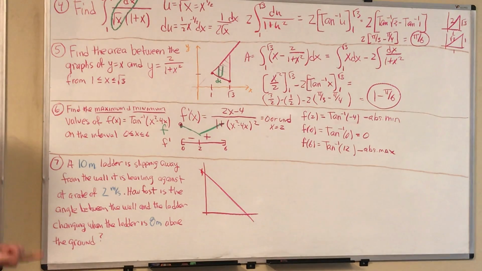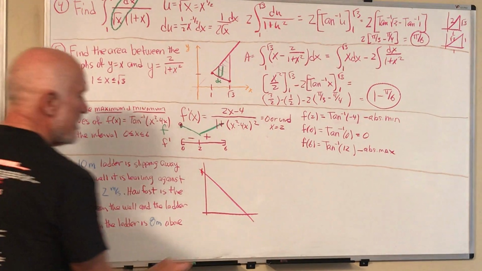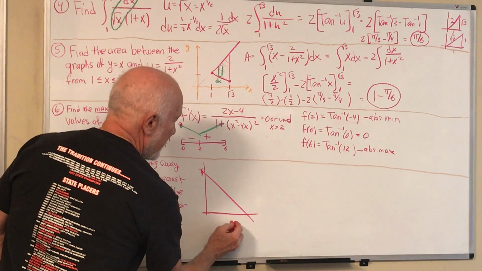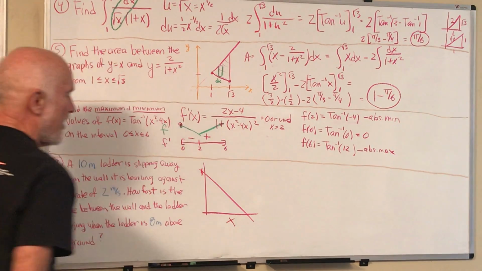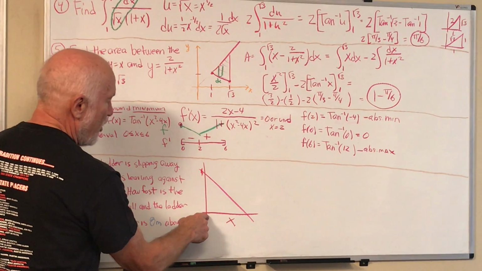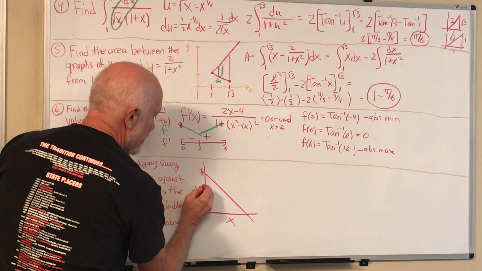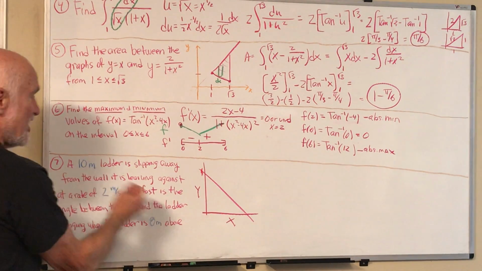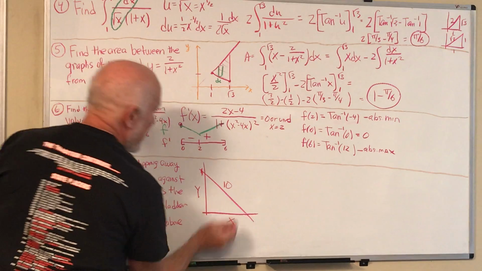So what do we know about this? As that ladder slips, this distance between the wall and the bottom of the ladder is changing. So we call it a variable. The distance between the floor and the top of the ladder is changing. We're assuming that the ladder is not changing. It's still 10 the whole time.